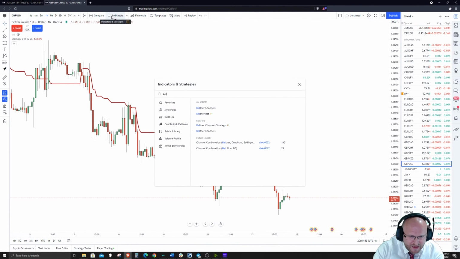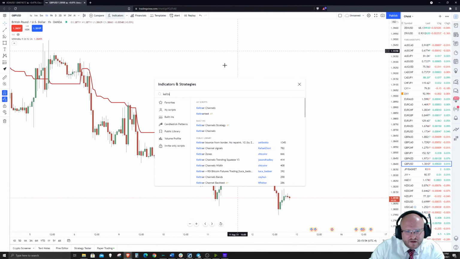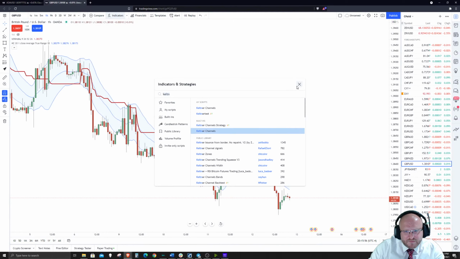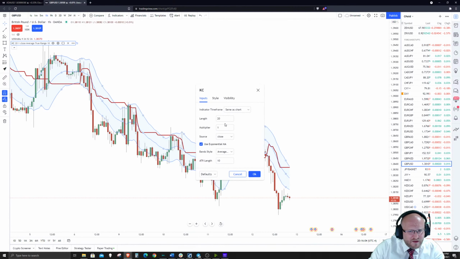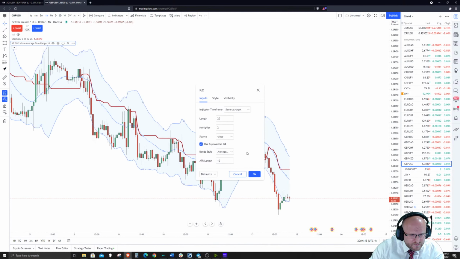If you type in Keltner, that's what they'll look like. You change the settings by mousing over the name of the indicator on the chart. You're going to want the 20-period average. I'm not sure if that's the default or not. We're going to change the multiplier to 2, so the bands are going to be a little bit more expansive.